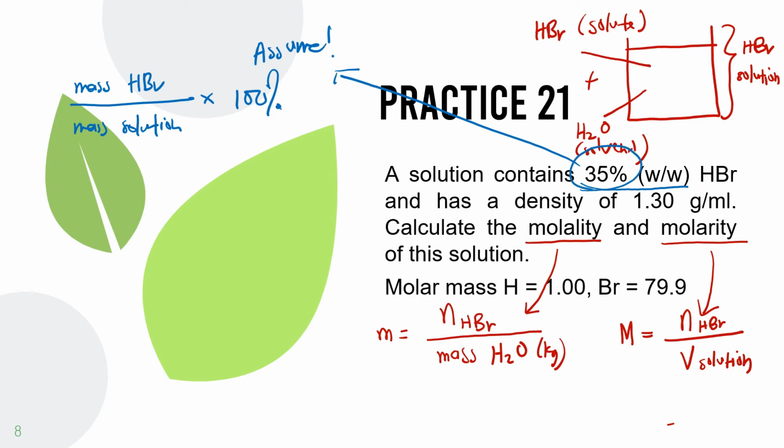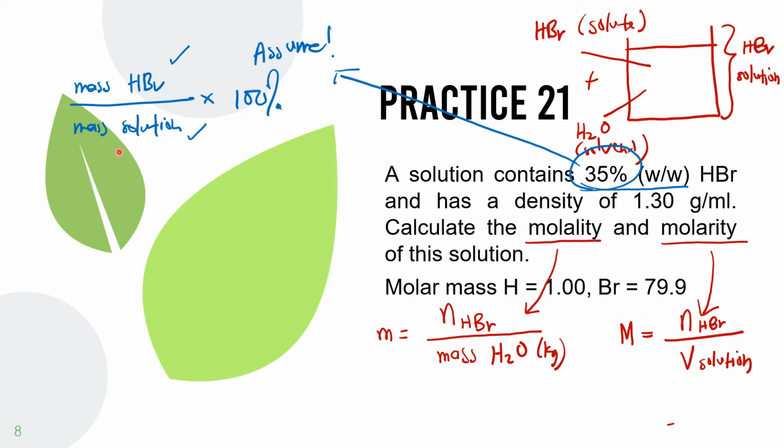From the assumption, you could find the mass of HBr and also the mass of solution. Then, by knowing the mass of HBr, you can convert the mass into the number of moles of HBr. By doing that, you have found the value for the first one.